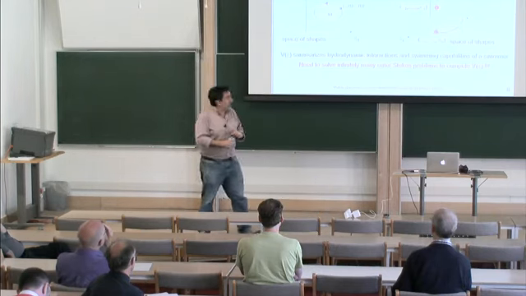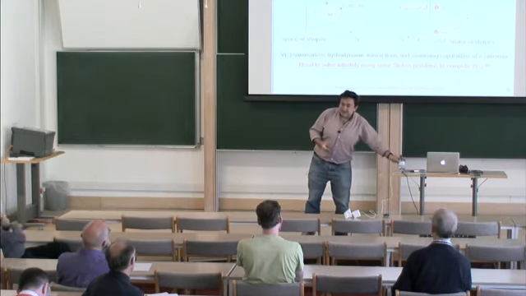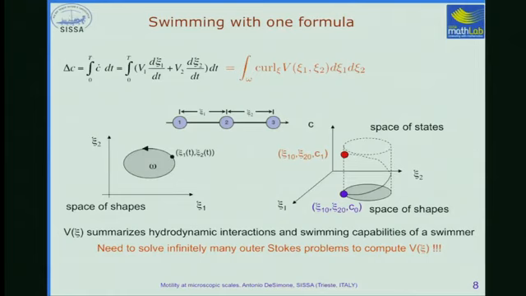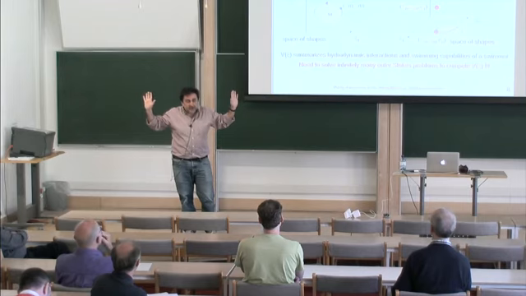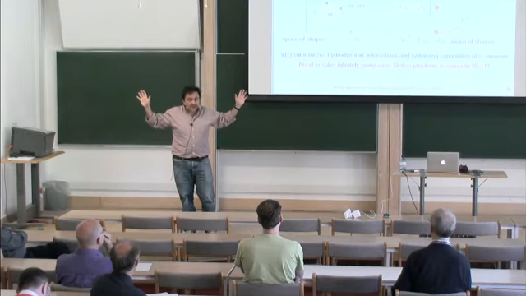What you have to do is know this V, for example. All the hydrodynamics is encoded in this vector field. And what these vector fields do is probe the sensitivity of the drag forces with respect to shape changes. So what you're doing, in some sense, is probing the sensitivity with respect to changes of the geometry of the Dirichlet to normal map. You want to solve a Navier-Stokes problem.